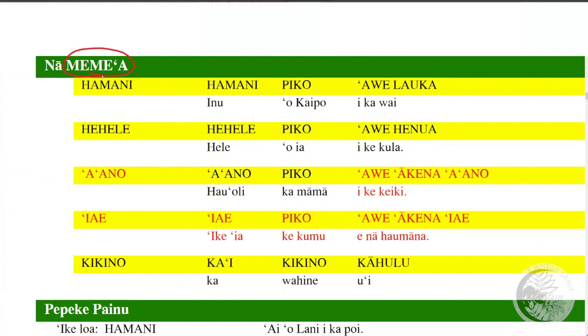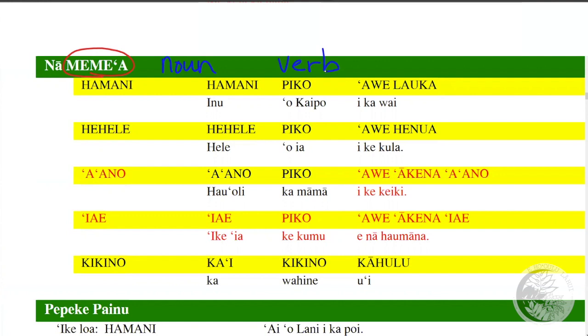So we must remember words in Hawaiian can be used and have different meanings depending upon the context and depending upon how the so-called word or sounds are being used. So when you get the word Memeʻa, any kind of word that you would consider generally being a noun in English or a verb in English would be called a Memeʻa.